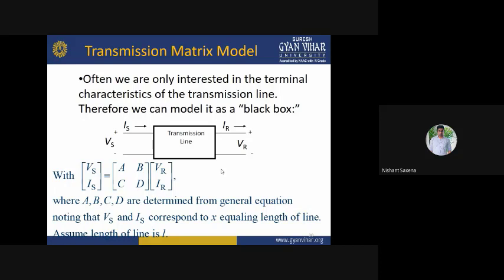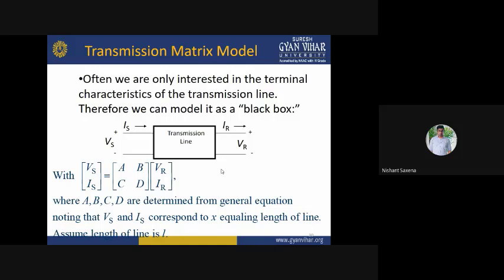Consider this as a two-port network, where the first port has the supply voltage Vs and the current Is. Similarly, at the other end is the receiving end, where VR is the voltage and IR is the current.